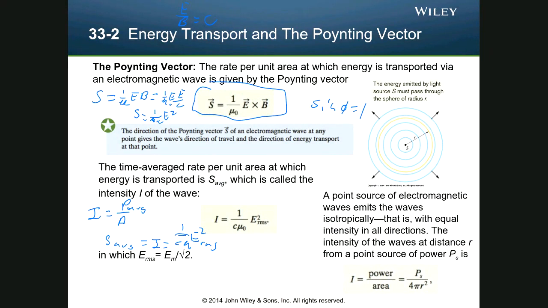So when you average it, that will add an extra 1/2 factor, and with the E squared, that will be basically E RMS squared, where E RMS equals E over root 2. So if you square this, you get E squared over 2. That comes from averaging that sine function, is where that half comes from. So we often look at it in terms of this RMS value. Okay? Because when we take the average, that 1/2 factor is going to come out.